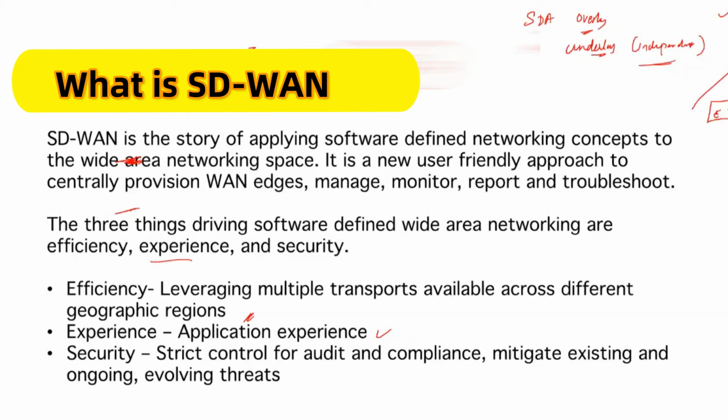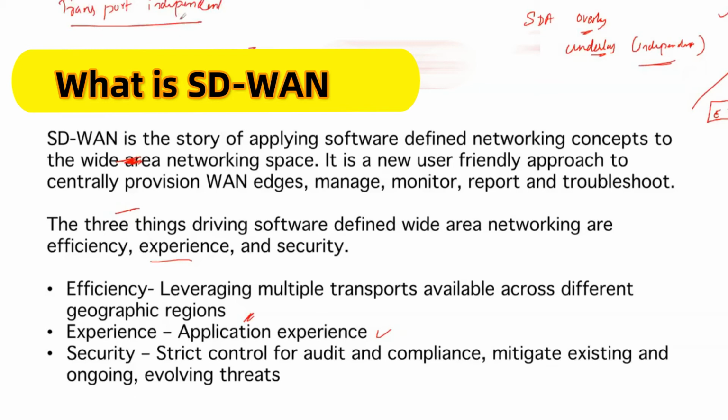Just the same way your SD-Access network is topology independent, the same goes for Cisco's SD-WAN, and in general any SD-WAN. If you take the Cisco-specific SD-WAN solution, it is topology independent or transport independent, because we are working on a WAN solution, so it becomes transport independent. This is one of the main benefits of the SD-WAN solution.